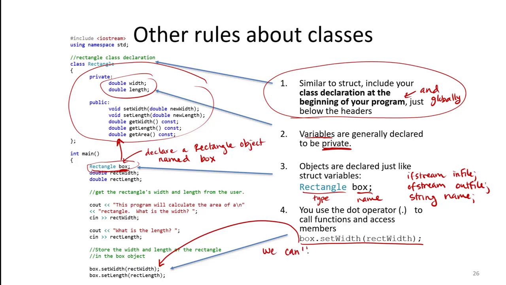We can't just say box.width is rectangle width. And that's because width is a private variable. So if we want to change our private variable width, we have to use the setWidth function.